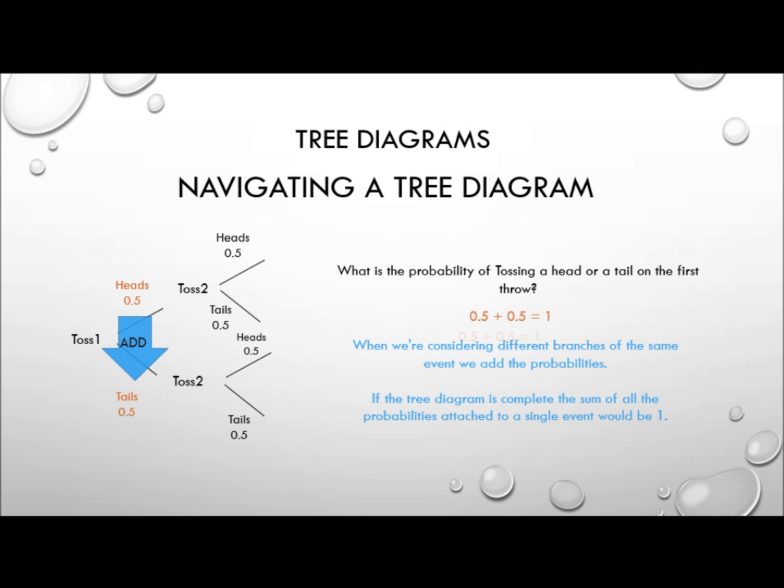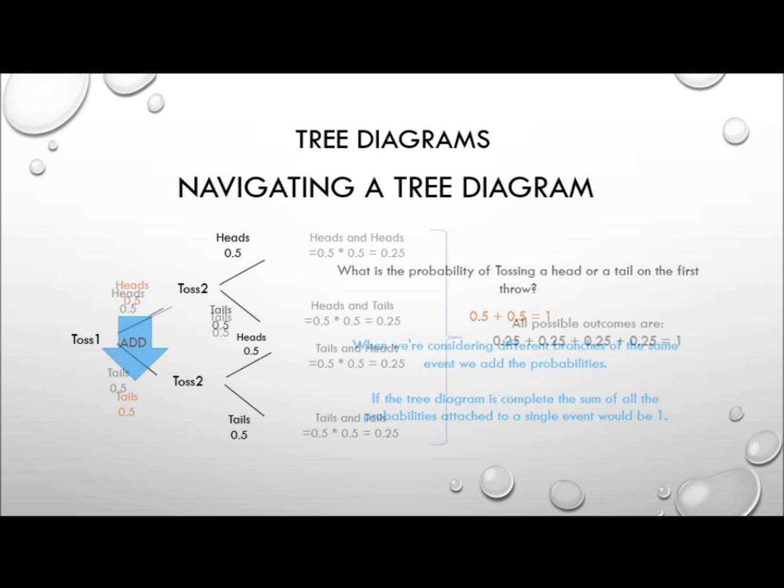When we're considering different branches of the same event, we add the probabilities. If the tree diagram is complete, the sum of all the probabilities attached to a single event would be 1. So we would add the probabilities according to the OR rule.